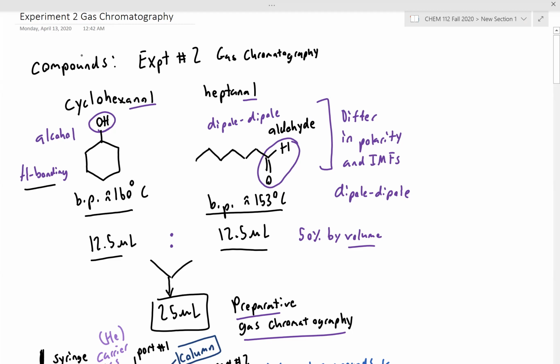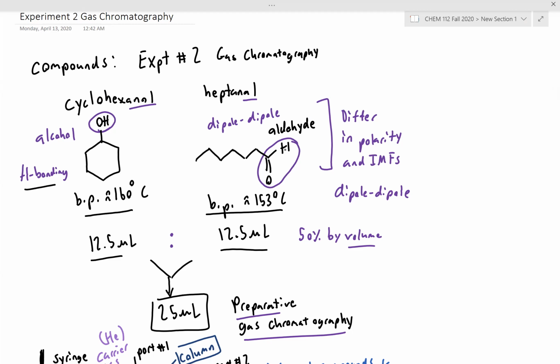Okay, so because these two molecules have a difference in terms of their polarity and intermolecular forces, we will expect to see a difference in boiling point and a difference in how these compounds engage in intermolecular interactions with other molecules.